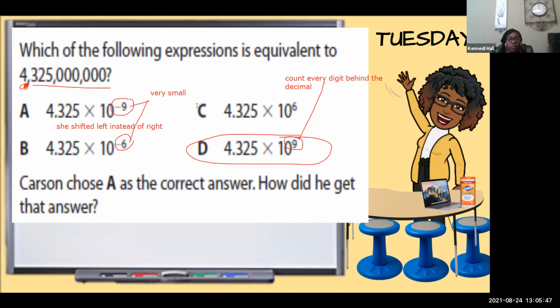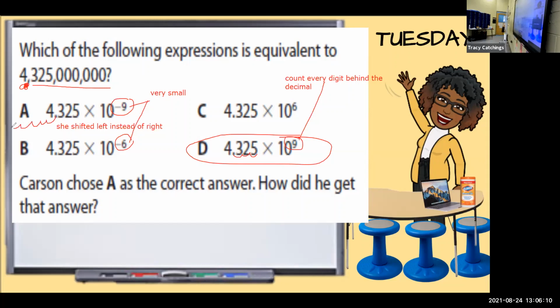Good job, ladies. I thought when you shift to the left, it equals positive. That's when we go from scientific notation to standard, yes, we'll go to the right. But if we're trying to change it into scientific notation, it'll be the inverse, to go left.